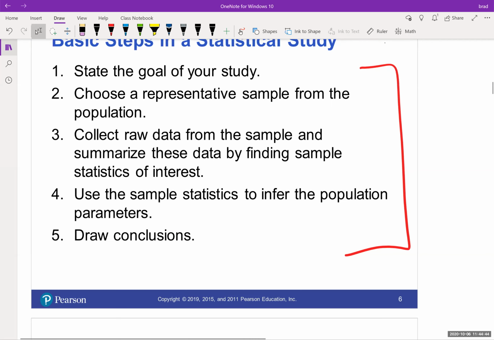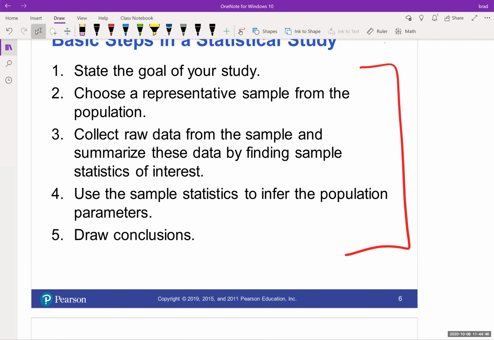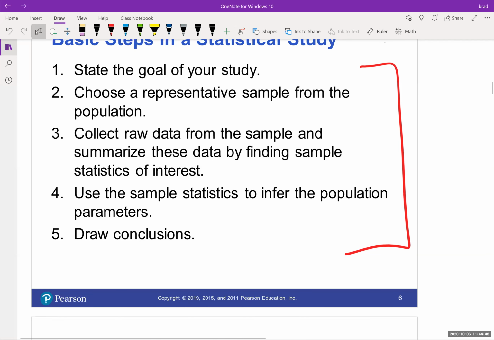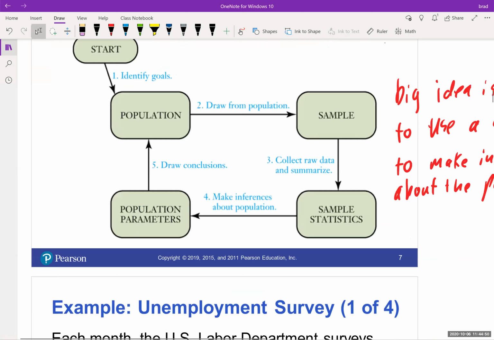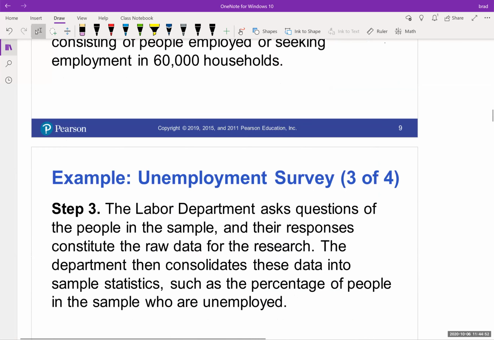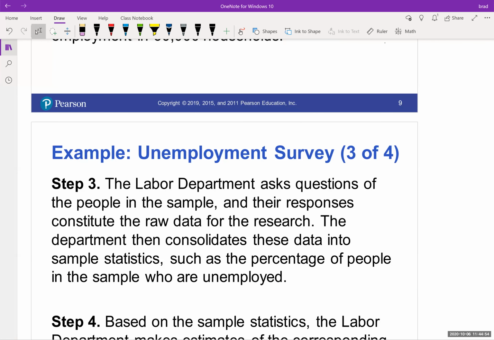Step 3 says collect raw data from the sample and summarize these data by finding sample statistics of interest. Okay, so let's see what our interest is. The Labor Department asks questions of the people in the sample, and their responses constitute the raw data for the research. The department then consolidates these data values into a sample statistic, such as the percentage of people in the sample who are unemployed.